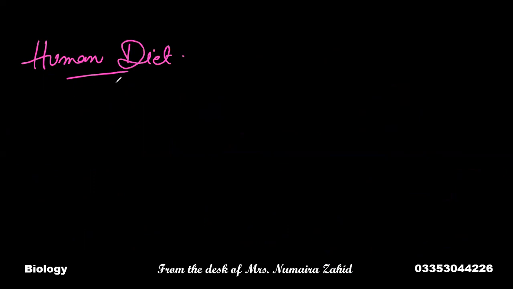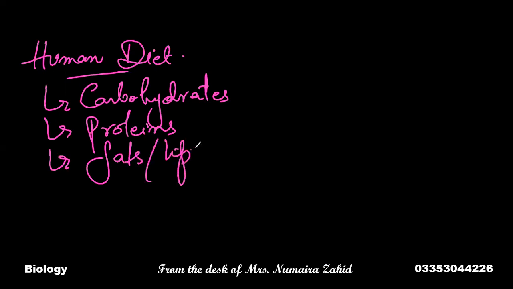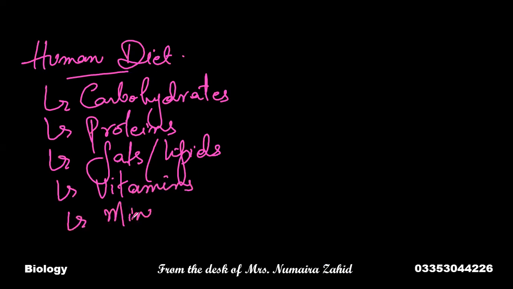There are almost 6 components: number 1, carbohydrates, number 2, proteins, number 3, fats or lipids. We also need to take vitamins, and minerals. Another very important part is water, an essential component of the human diet.